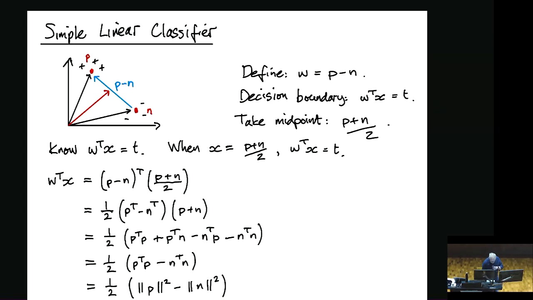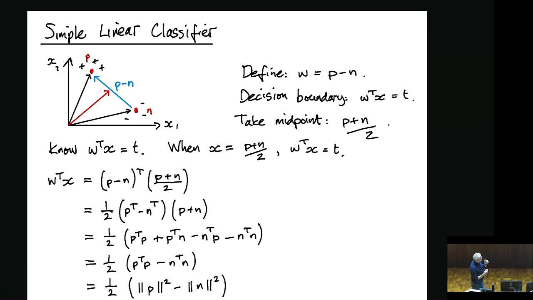Let me just label the axes. This is x1, this is x2, so we're in 2 space. The other centroid is down here. We label it n, and you can see that there is a nice big gap between the positives and negatives, fortuitously.